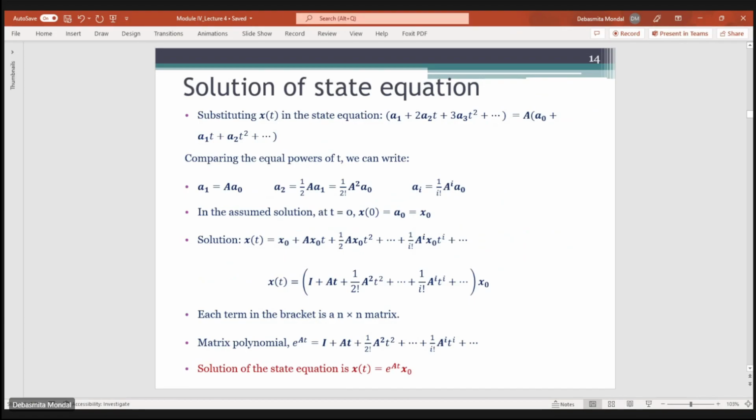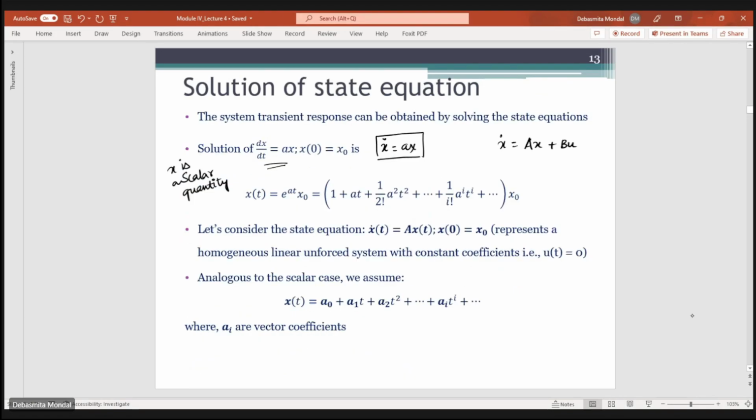Once we have assumed this equation, we can simply substitute the value of x(t) in this equation. We can take a derivative. So x dot (t) here will be equal to a1 plus 2 a2 into t plus so on, up to ai into t to the power i minus 1, and so on and so forth.